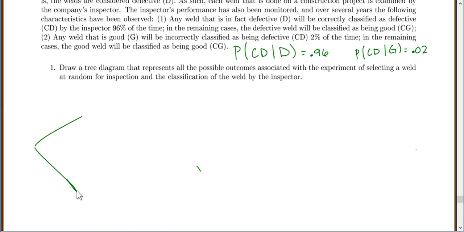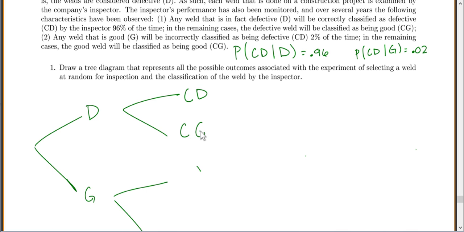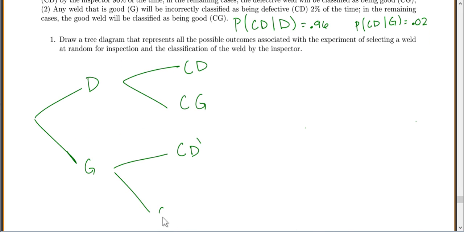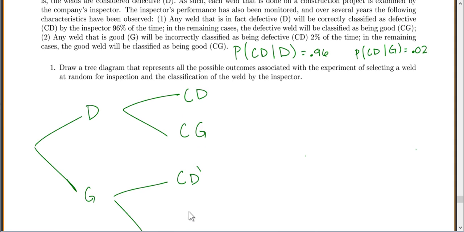But in this case, the natural state of affairs is something's either defective or good, and then it's classified. So it's either defective or good, and then it's either classified as defective or classified as good.